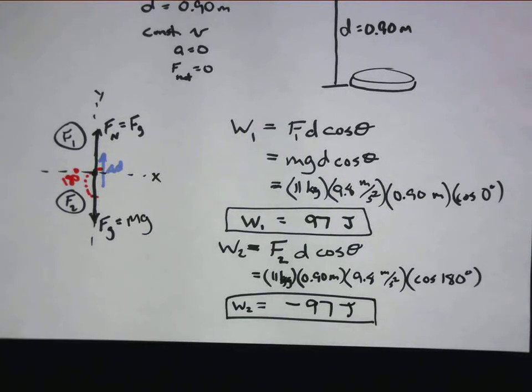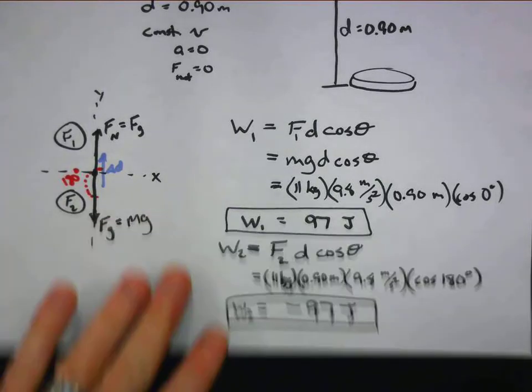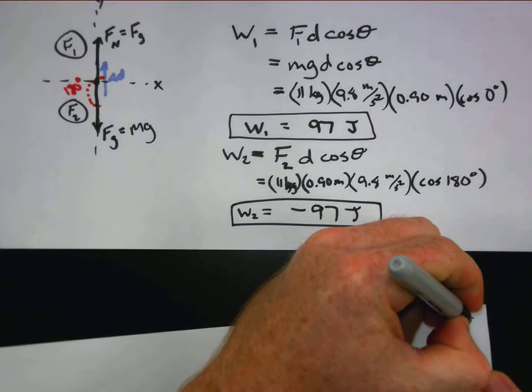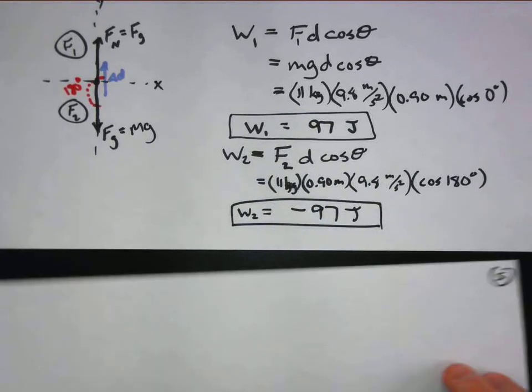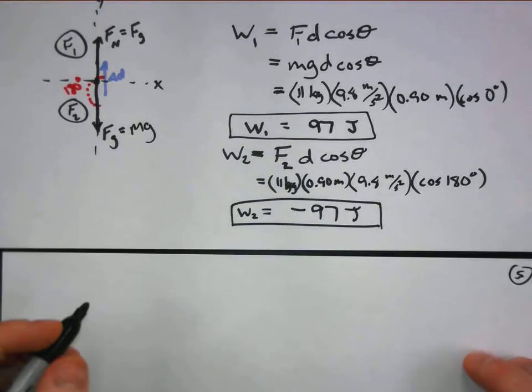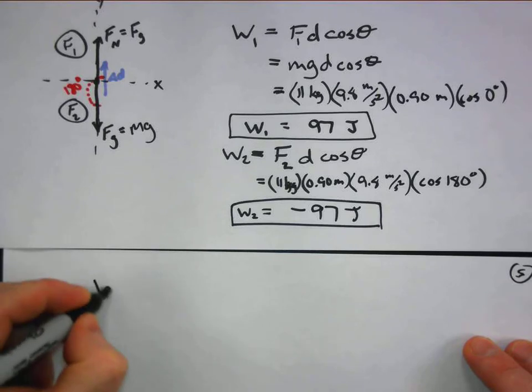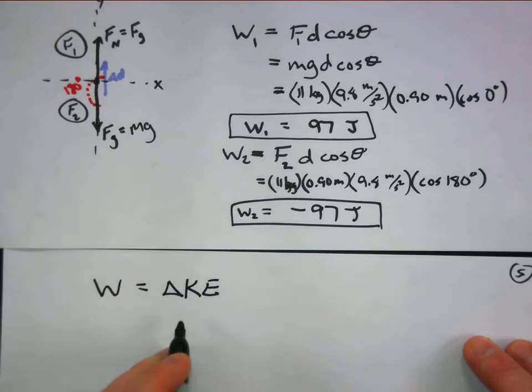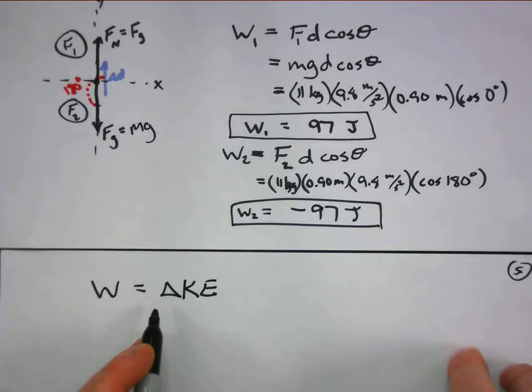Okay. So what is this going to do for us? What does this mean? All right. Remember from the previous video, we had this equation that work is equal to the change in an object's kinetic energy. And kinetic energy is the energy of motion.